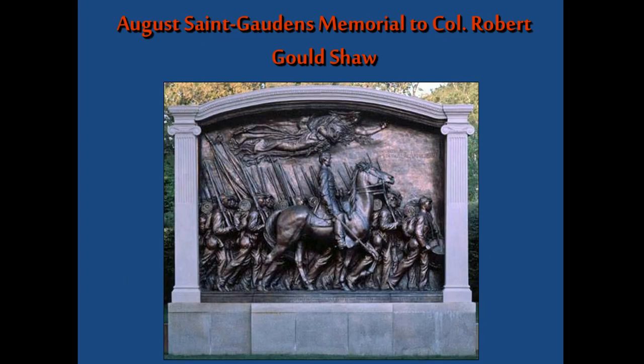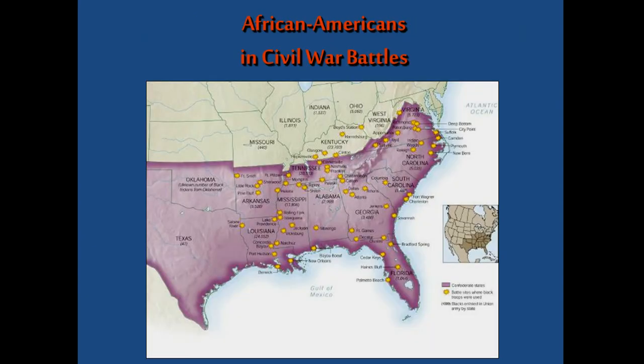However, it is far from the only regiment in the Civil War. Colonel Robert Gould Shaw, who's played by Matthew Broderick in the movie, has a monument to him. He came from a wealthy Massachusetts family, and he's the man who was responsible for leading the black soldiers into battle.